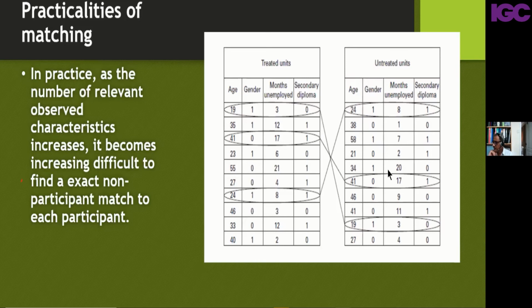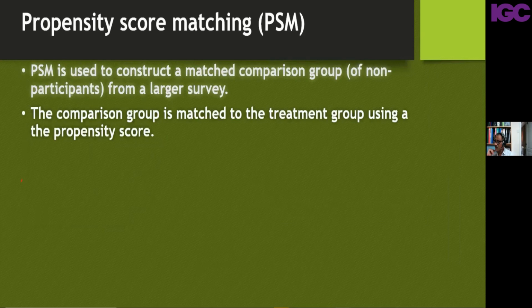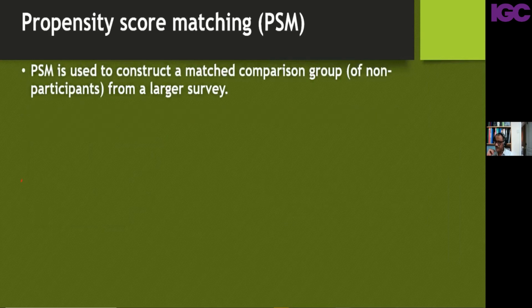So what we do is we resort to what is called propensity score matching, or PSM. Now, propensity score matching is used to construct a matched comparison group of non-participants from a larger survey.